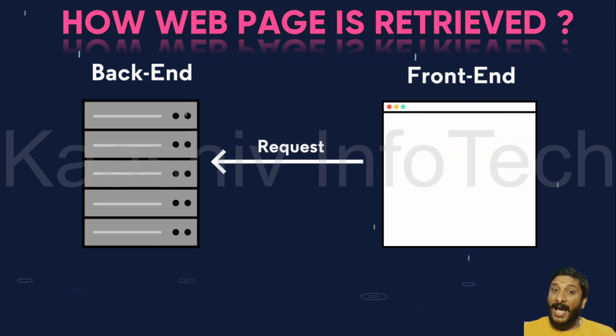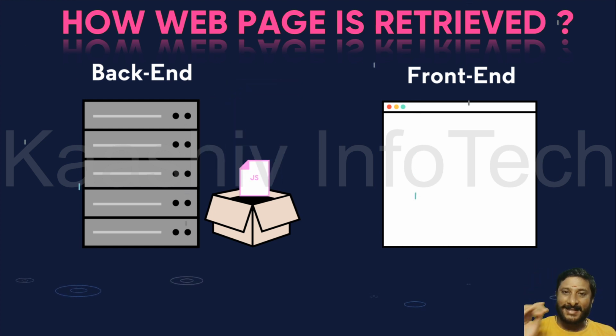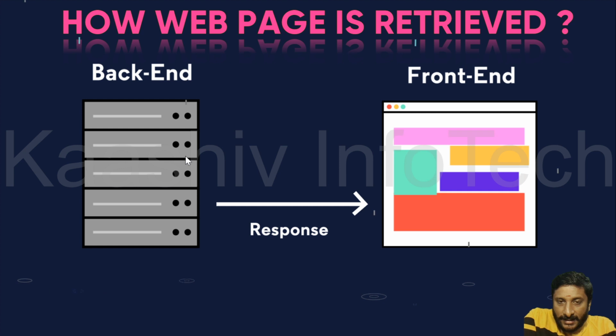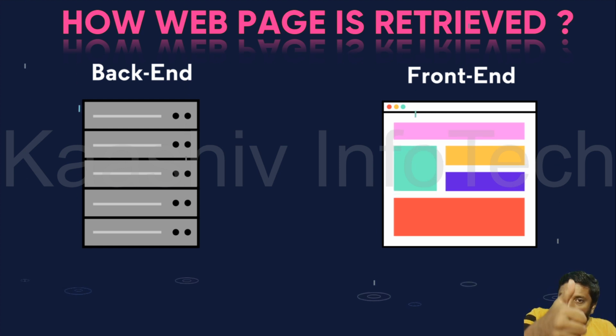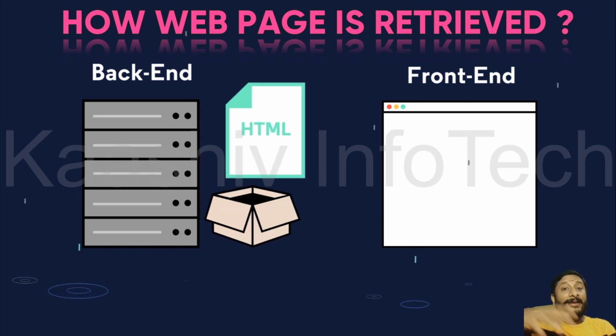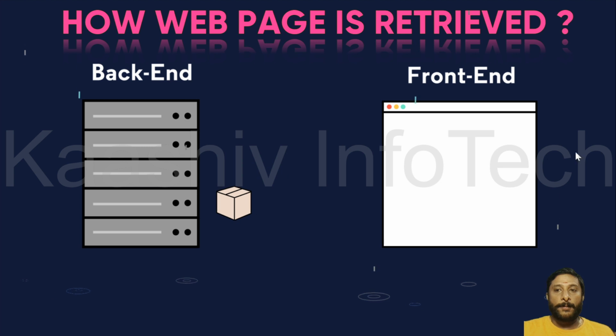So the front end has HTML, JavaScript and CSS, and the backend has two things: the server side technology, which is .NET, Java, PHP and Python, and the database, SQL Server, Oracle and so on. This is how your web page works.